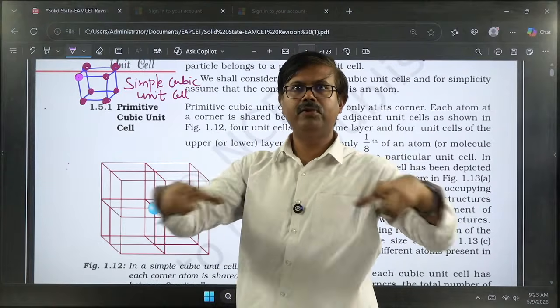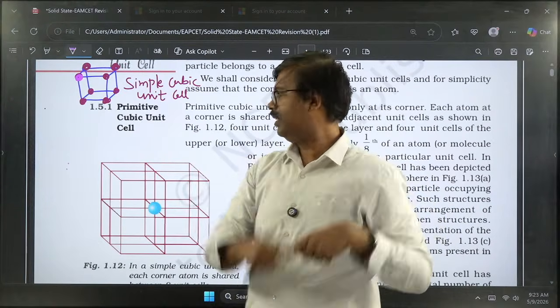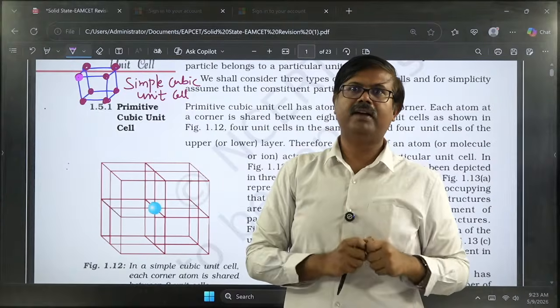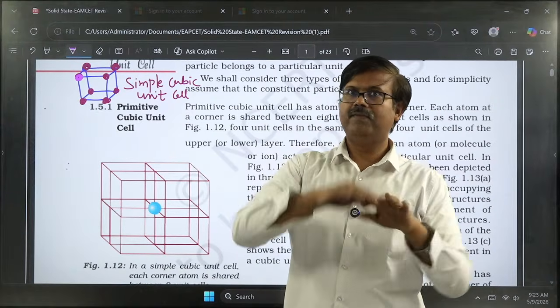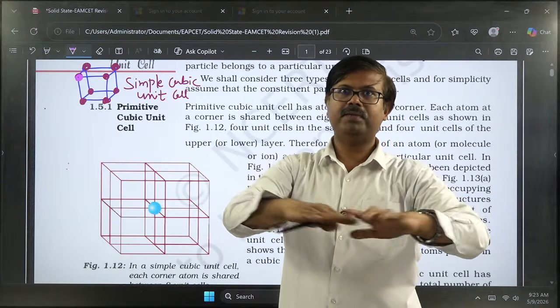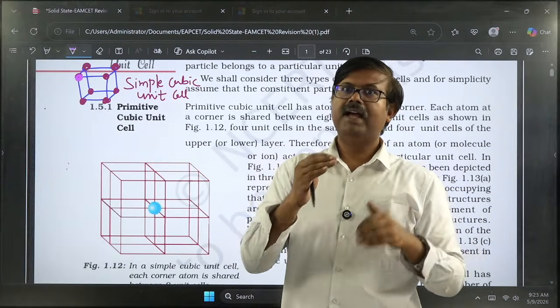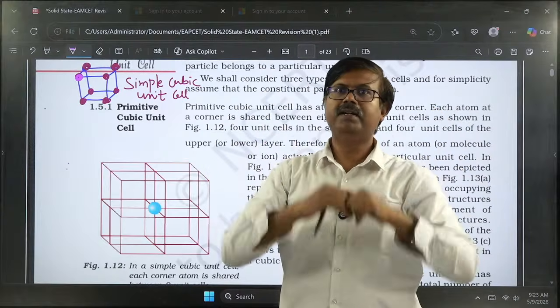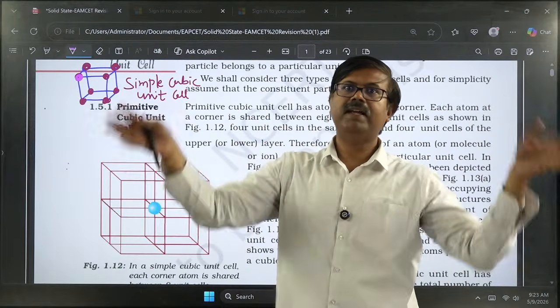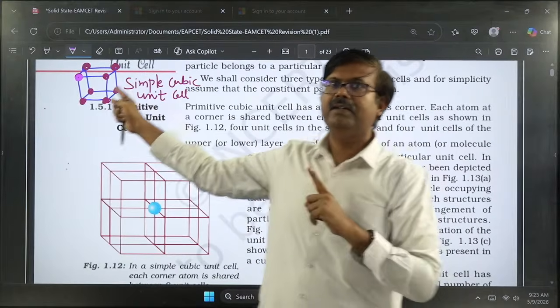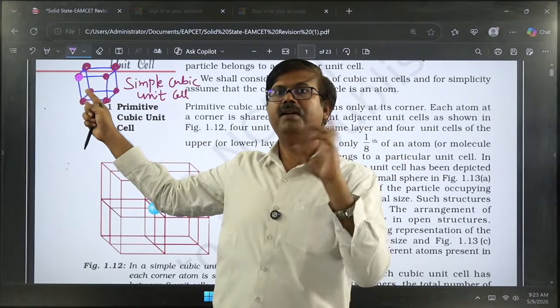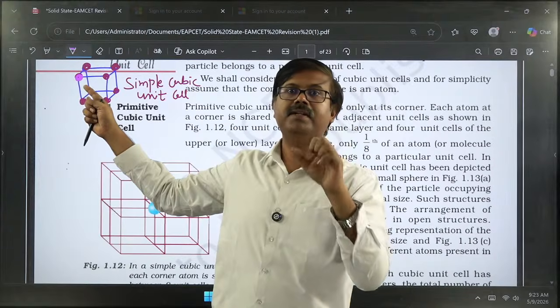You can put 4 cubes together, and that will be the same corner of those 4 cubes. And also that will be the top corner of similar 4 cubes. And if you place the cubes above it, it will be the bottom corner of the other 4 cubes. So each corner atom here is actually shared between 8 unit cells.